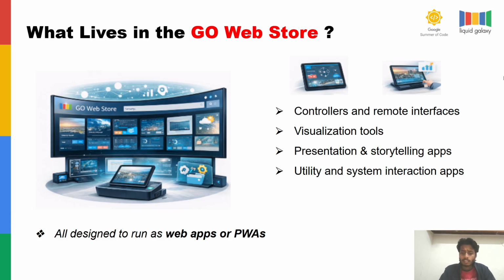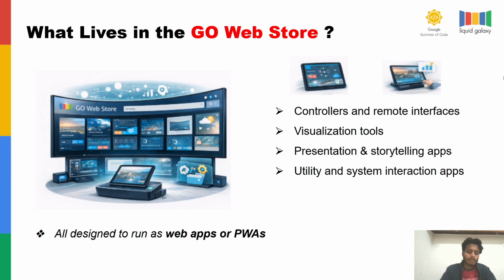These are the applications that allow users to control navigation, move between locations, and trigger actions on Liquid Galaxy screens. Often, these controllers run on laptops, tablets, or even mobile devices, and they communicate with the Liquid Galaxy system in real time.